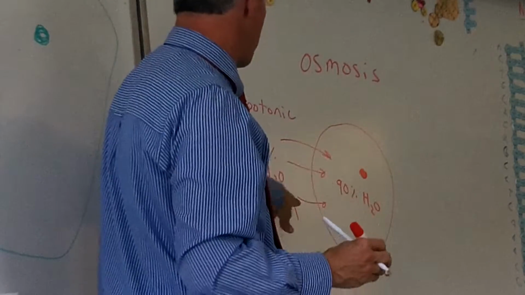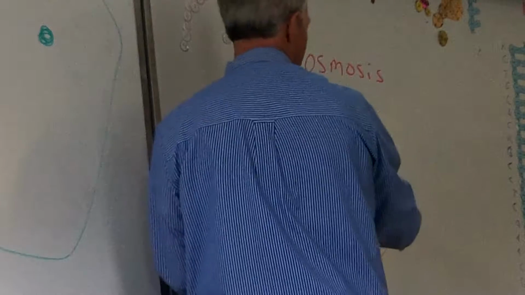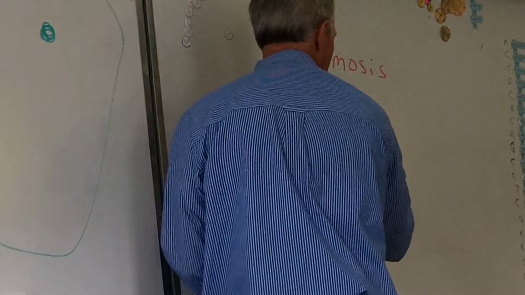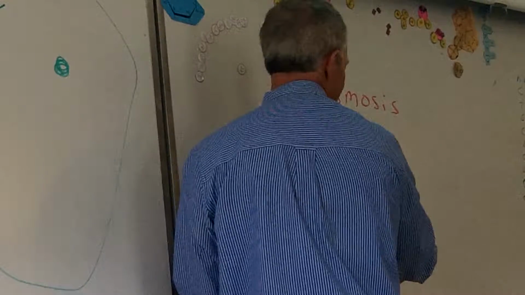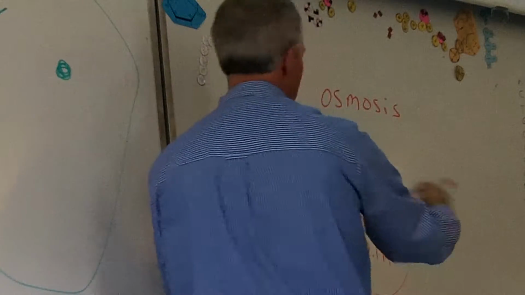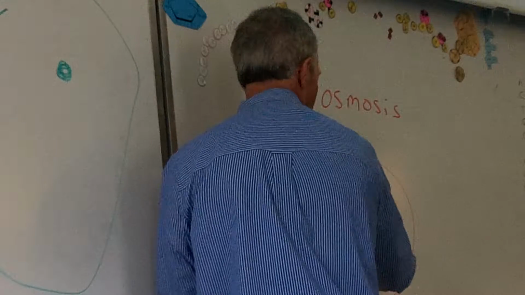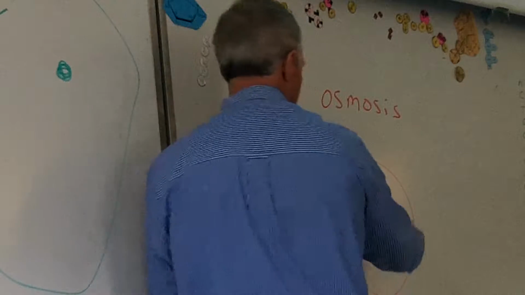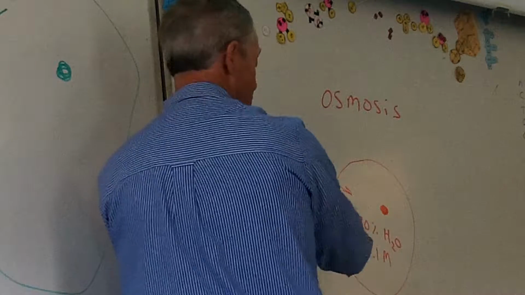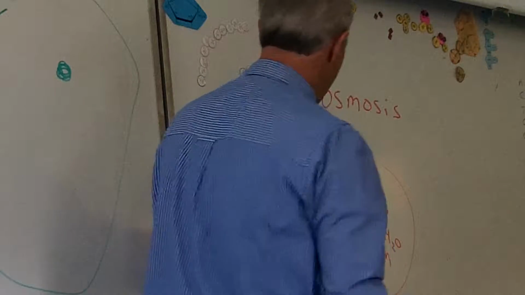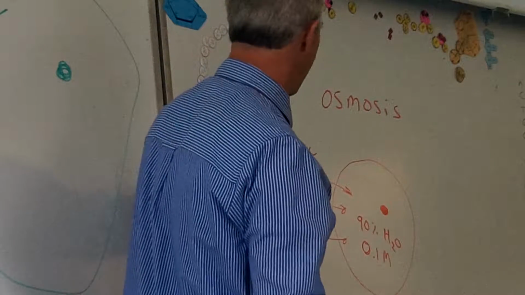And so this is a 0.0 molar solution, and the cell, instead of saying it's 90% water, we might say it's 0.1 molar. 0.1 molar means it has a tenth of a mole of dissolved sugar or dissolved salt or something like that. 0.1 molar has more sugar in it. 0.0 molar has less sugar in it, has no sugar in it, it's just water. So that's how we're going to refer to solutions from now on. We're going to talk about their molarity.